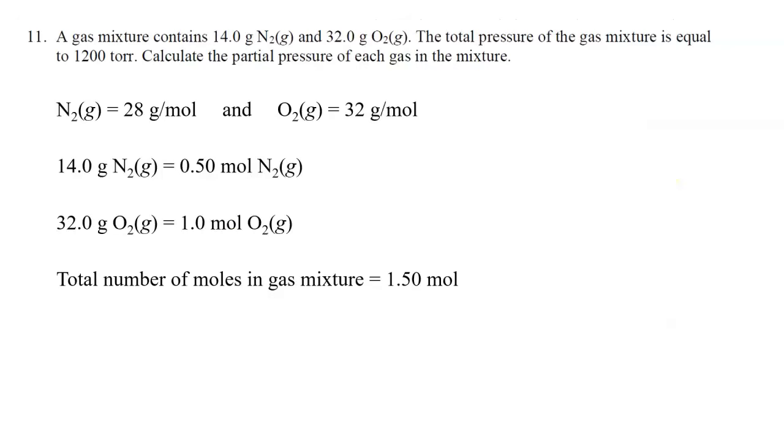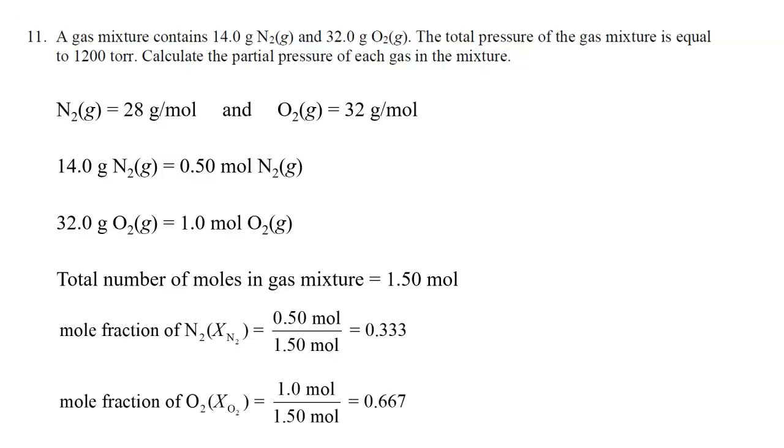So in this problem, it would be 0.5 divided by 1.5. The mole fraction of nitrogen would be 1/3, or 0.333. And the mole fraction of oxygen gas would be 1 divided by 1.5, and that works out to be 2/3, or 0.667.